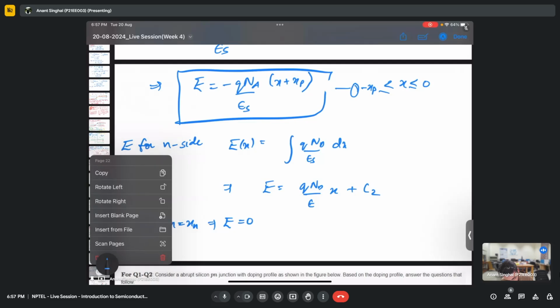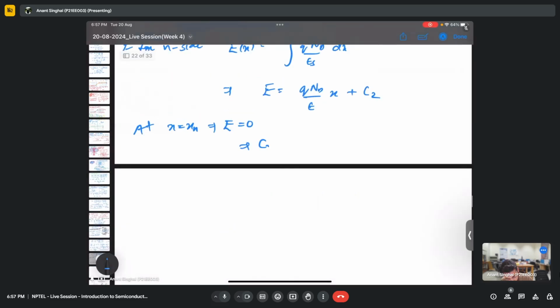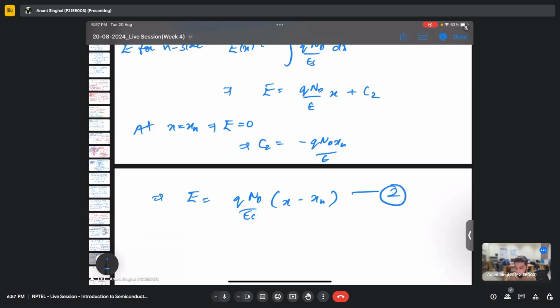That will help me calculate c2, which will come out to be minus qNd xn by epsilon. That will give me the n side electric field as qNd by epsilon s, if I take common, times (x minus xn). So let's say this is equation 2.